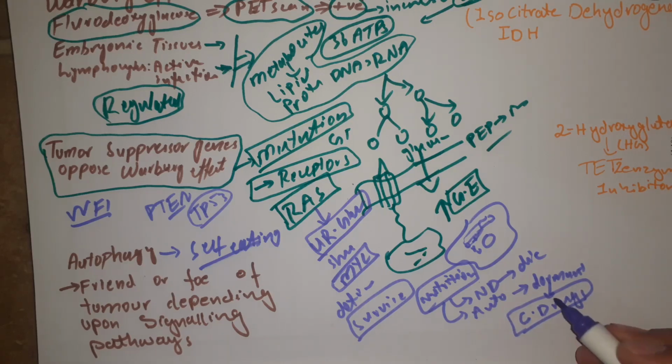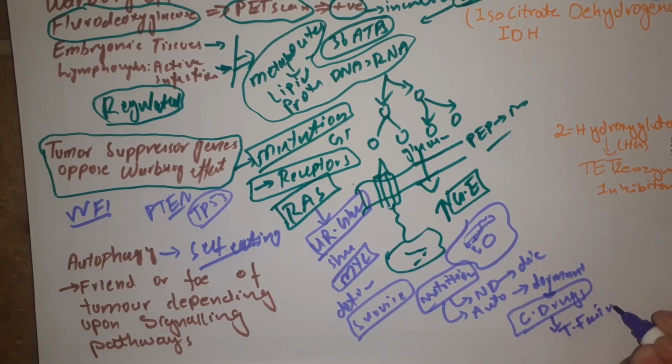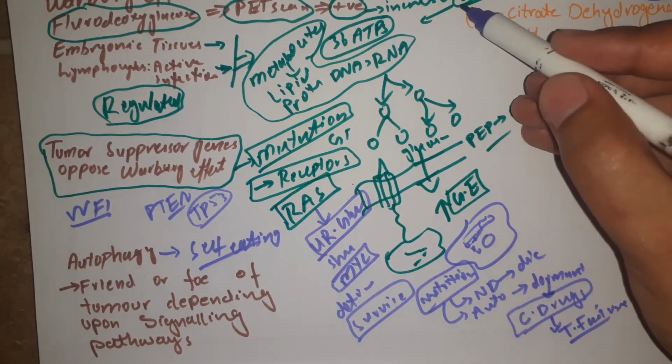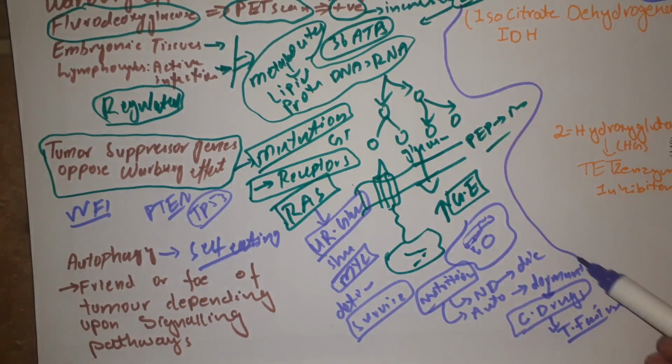As a result, chemotherapeutic drugs don't target them, and it leads to therapeutic failure. So depending upon the signaling pathway and the kind of mutation, autophagy can be a friend or foe of the tumor.